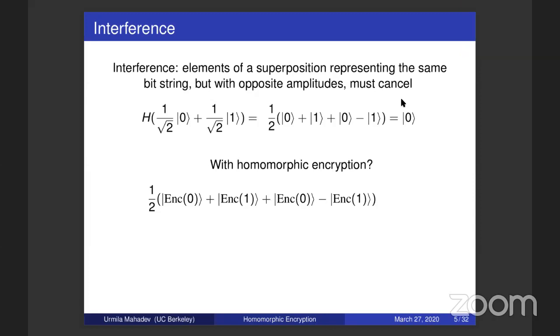So Urmila? Yeah. This is Vinod. Hi, Vinod. If you instead think of the encryption of 1 as being not an encryption of 1, but the superposition over all encryptions of 1, then this would cancel. Well, what do you mean all encryptions of 1? Because noises are changing, right? What if you have a superposition and then the noise distribution changes as you apply operations?